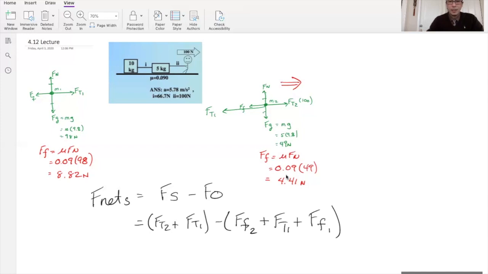Now what you'll notice here is we are adding the tension 1 here and then subtracting it as an opposing force. So right off the bat, that cancels out. Let's put in the numbers. Tension 2 was 100. Force of friction 2 was 4.41. And force of friction 1 was 8.82.